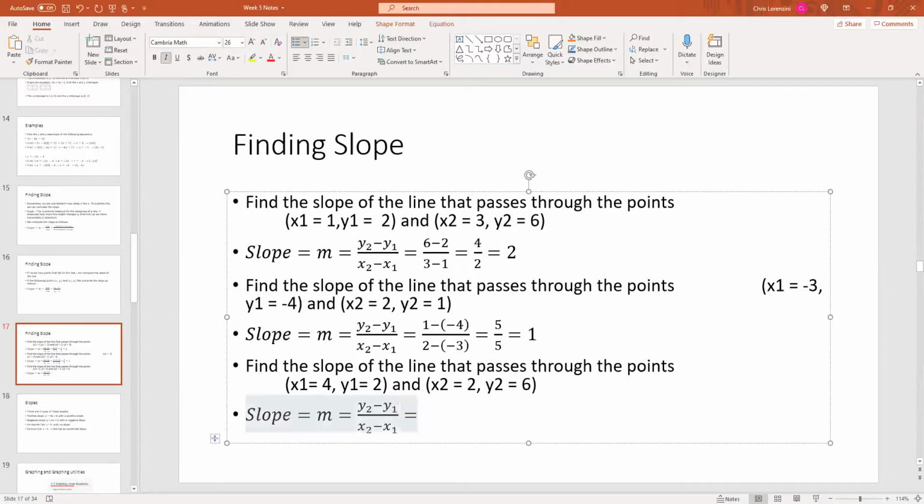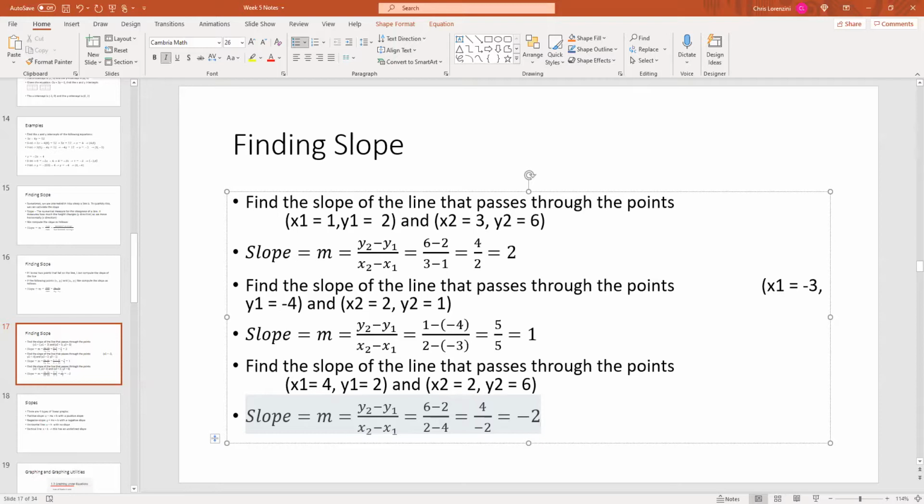Simply plug into the equation. y2 is 6, y1 is 2, x2 is 2, x1 is 4. 6 minus 2 is 4. 2 minus 4 is -2. 4 divided by -2 is -2. So the slope is -2.